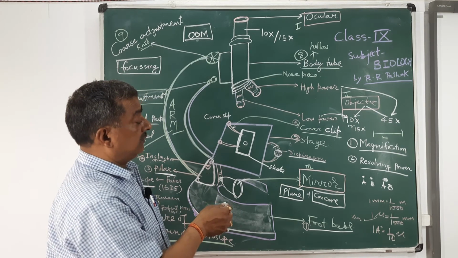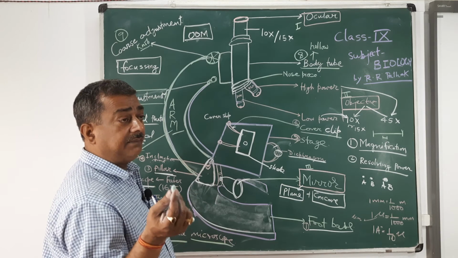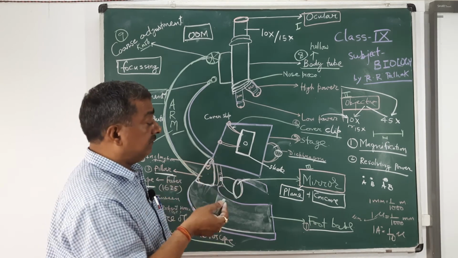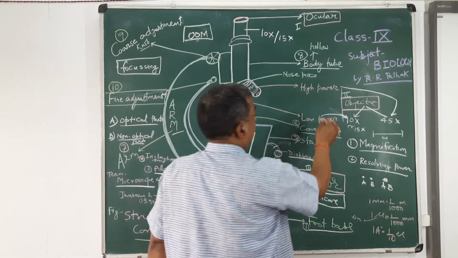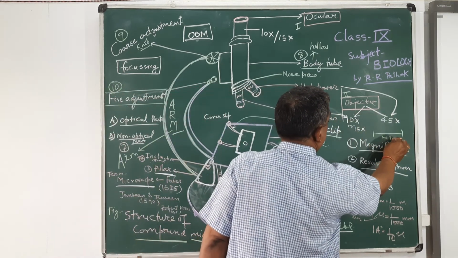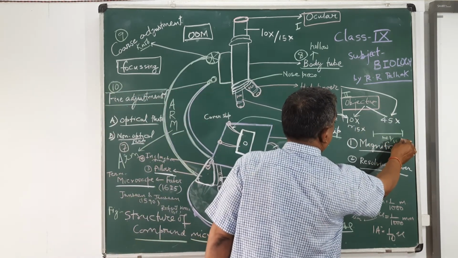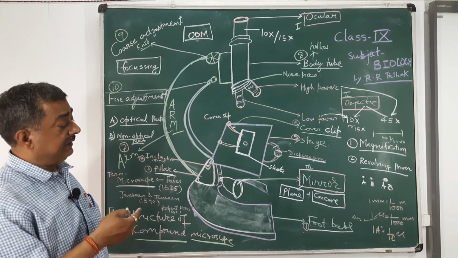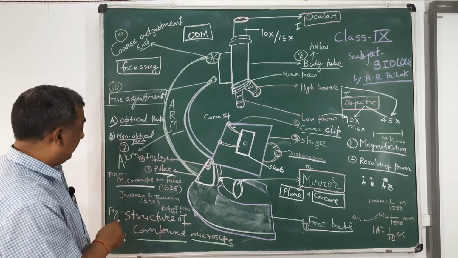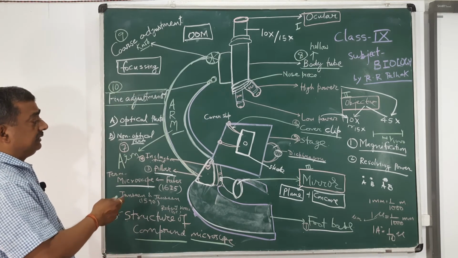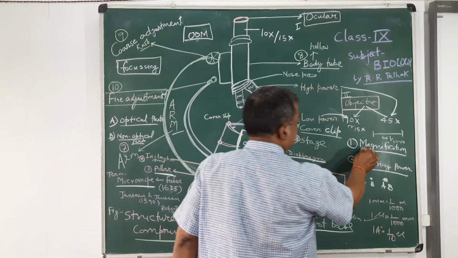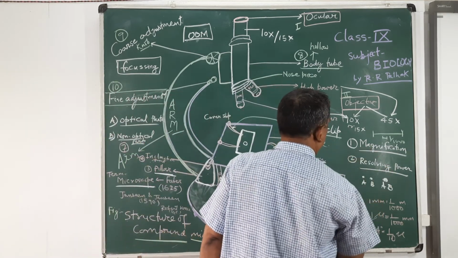The value of a micron is 1 by 10,000 of a millimeter, and an angstrom is 1 by 10 of a millimicron. That is why the microscope is very essential to see objects, with magnification as well as resolving power.